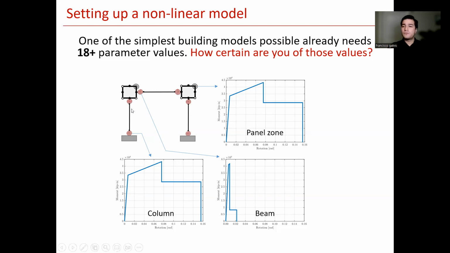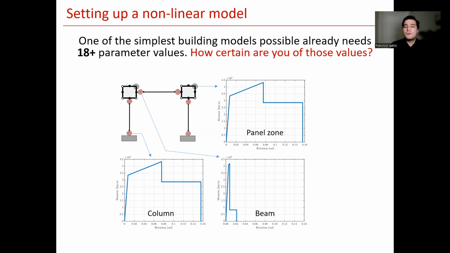You have the hinge of the column, the hinge of the beam, and the hinge of the panel zone. Each of those has at least 6 parameters, which means that this very simple structure has 18 parameters at the very least. If you start considering cyclic degradation, pinching behavior, and all of those things, then you have a lot more than 18 parameters for this very simple structure.